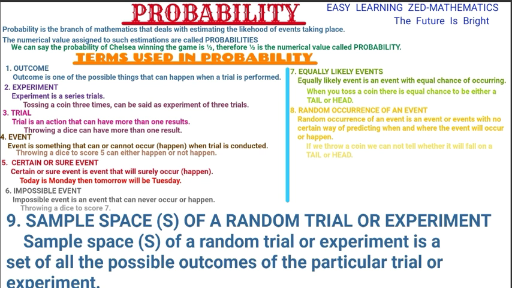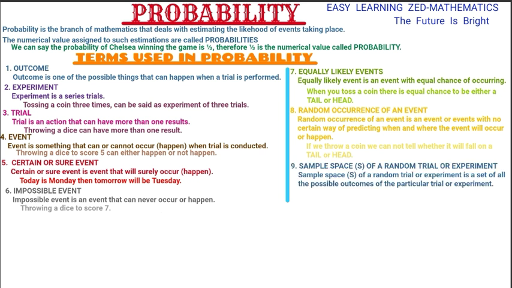So you can form a set of a head, comma, a coat of arms. That is a sample space of a random trial or experiment. Even if you are calling it a trial, where we are just tossing it once, you can still form a set. But if you are doing an experiment where you toss many times, you can still come up with a sample space of the trial or experiment.